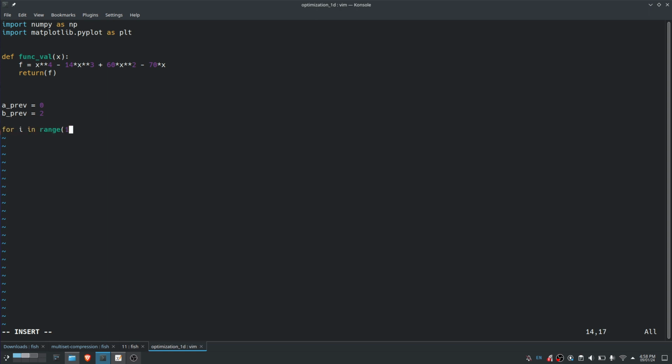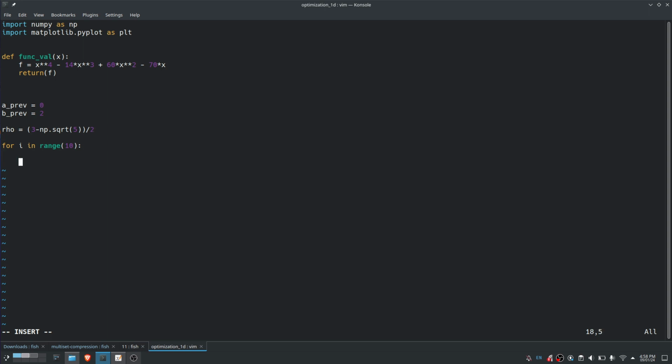Let's say I want to run this for 10 iterations. I also want to choose rho, which is going to be 3 minus root 5 by 2.